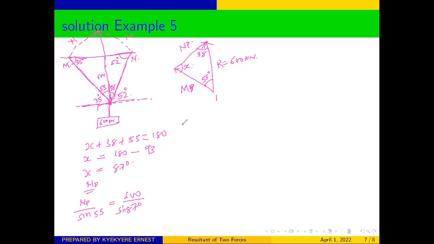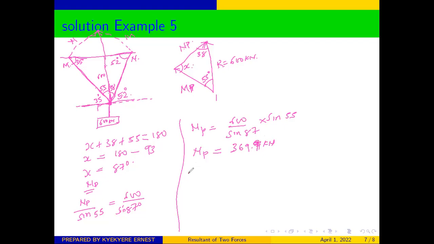So our NP will be equal to 600 over sine 87 times sine 55. And from here, our NP will be equal to 369.9 kilonewtons.